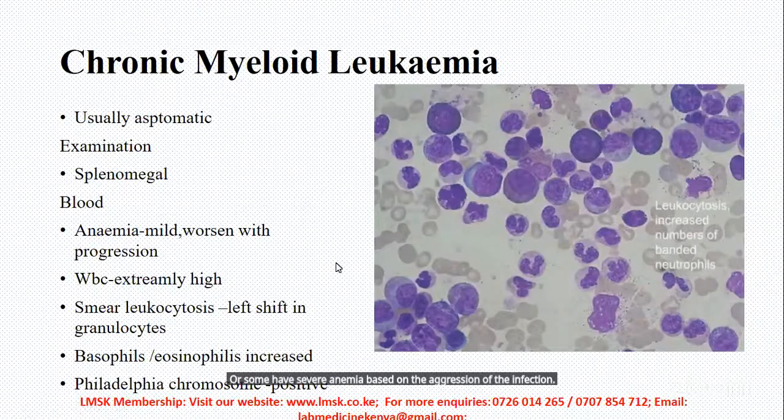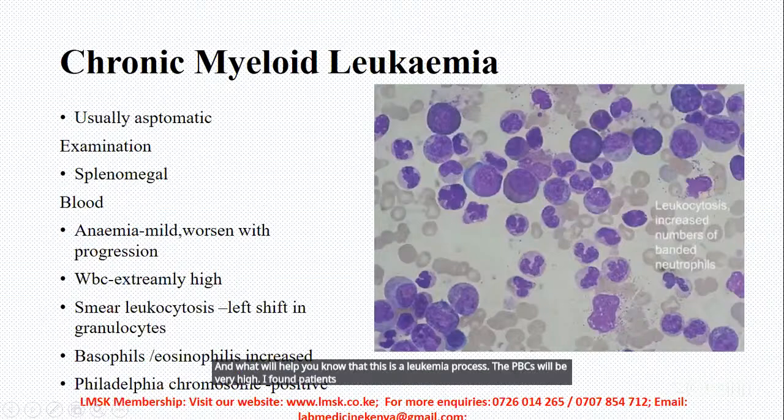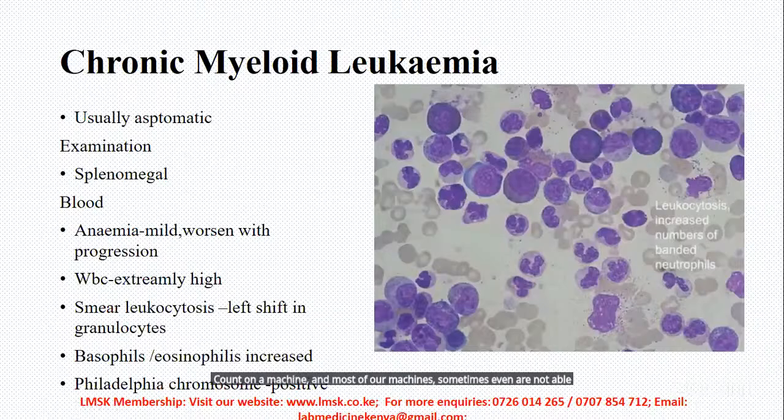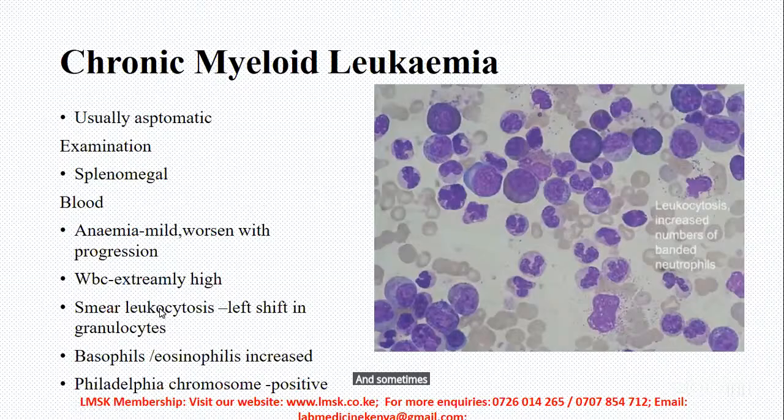And what will help you know that this is a leukemia process is that the WBCs will be very high. I found patients with around 350,000 WBC count on a machine, and most of our machines sometimes are not even able to run such high samples. And sometimes on a smear, you only find leukocytosis with left shift, mostly band forms.